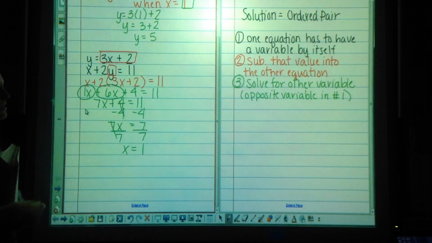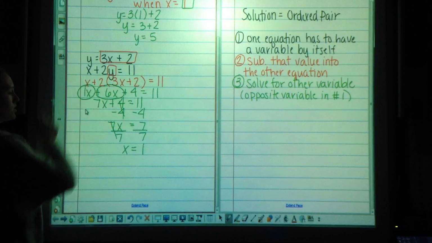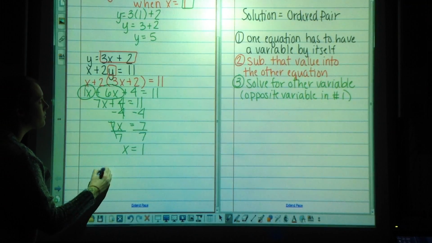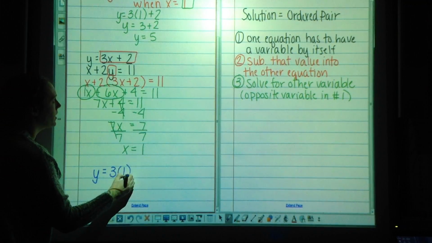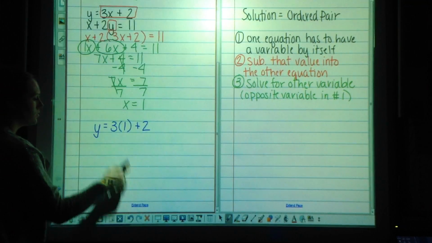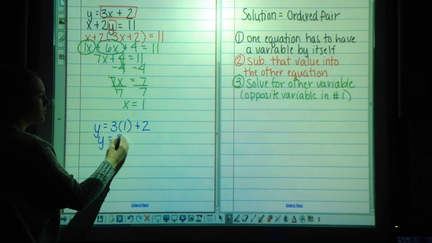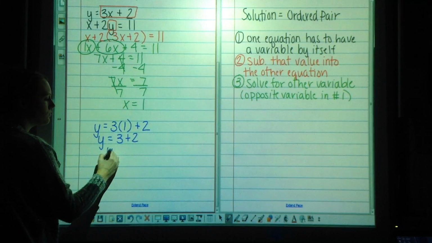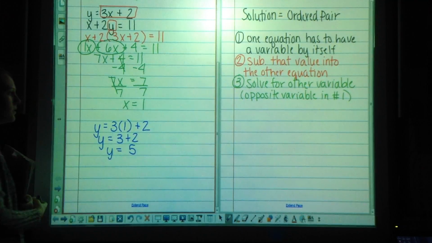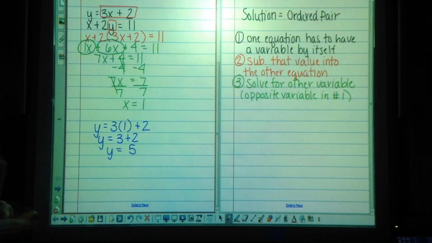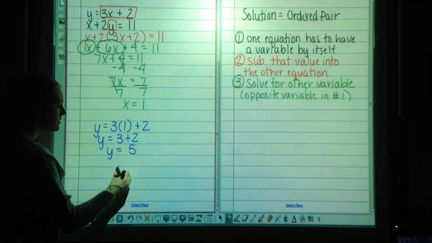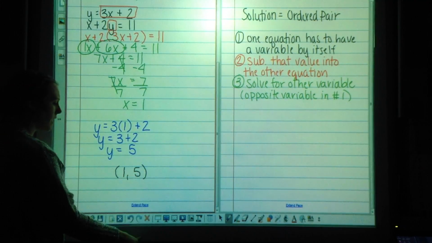You're still going to get the same answer as if you were to choose this equation. So y equals 3 times 1 plus 2. Find y. We have 3 plus 2, which is 5. So now I have an x value, I have a y value. I can write my answer, 1, 5.